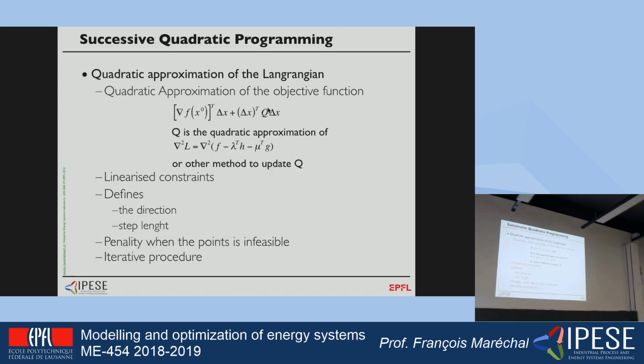That allows me to formulate the problem by, on the one hand, linearizing the constraints, and on the other hand, assuming that the objective function has a curvature defined by a second order polynomial.